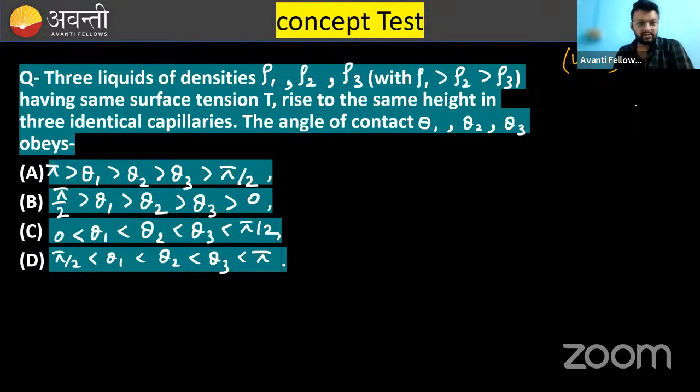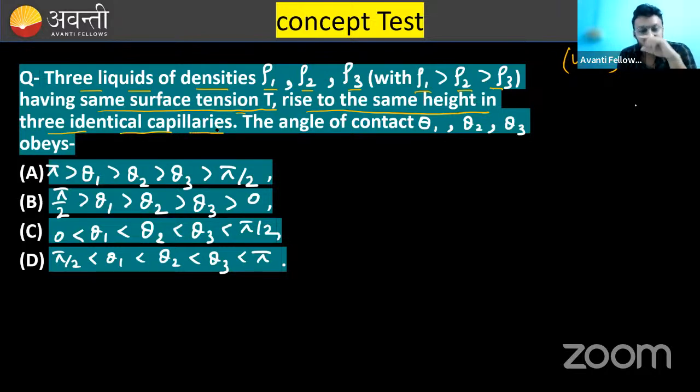Okay, what the question says: there are three liquids of densities rho 1, rho 2, and rho 3, and the given thing is that rho 1 is greater than rho 2 is greater than rho 3. Clear? Having the same surface tension T, they rise to the same height in three identical capillary tubes.